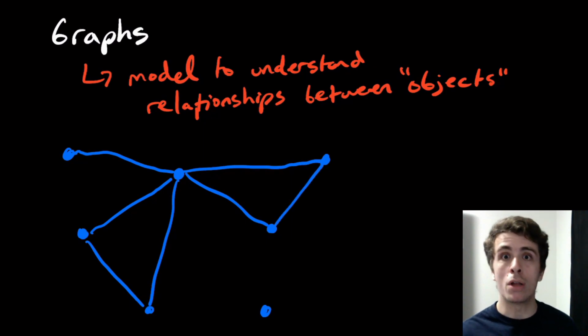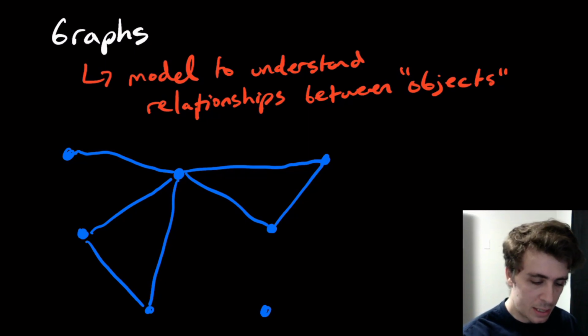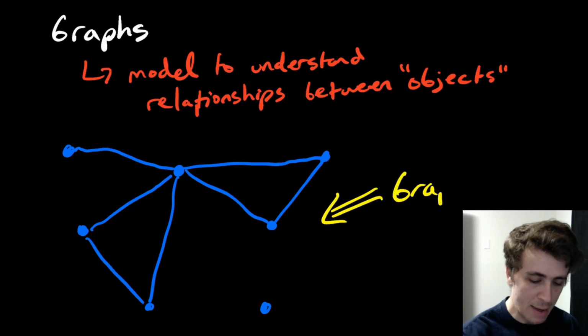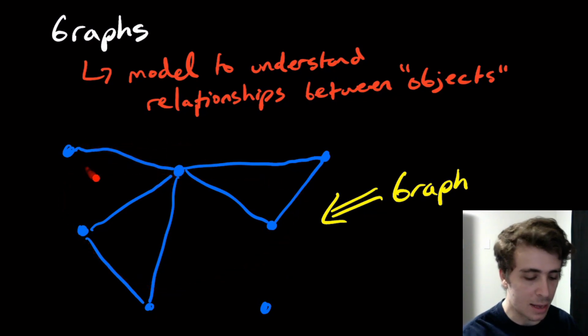All of these lines are going to be between pairs. It's not going to be between multiple of these points. It's only going to be within two of them. So this thing is a graph: this whole collection of points and lines between the pairs of points.